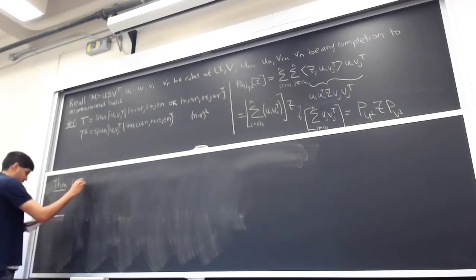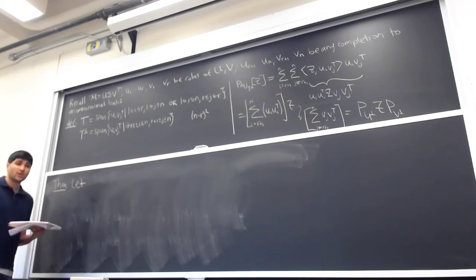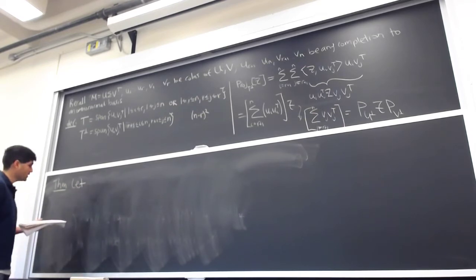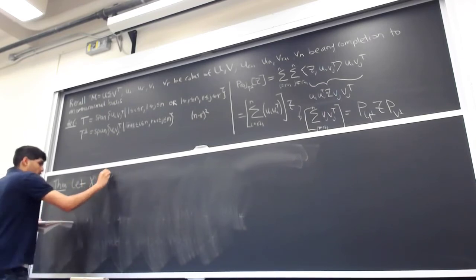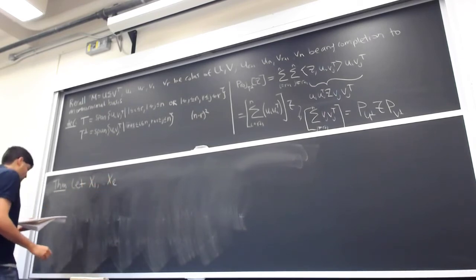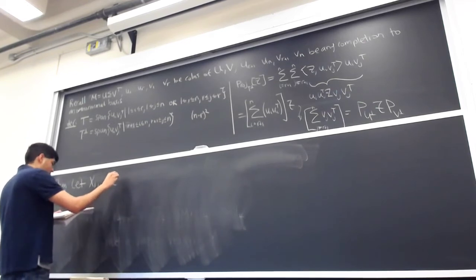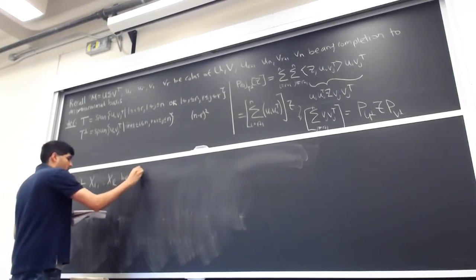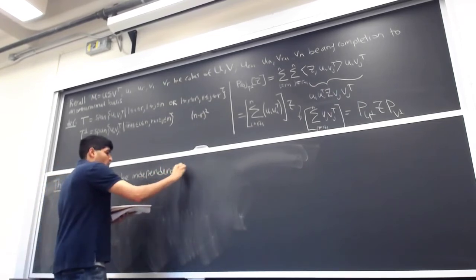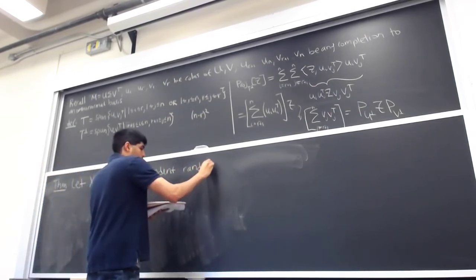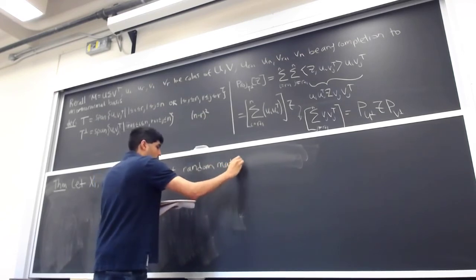So, let me state this theorem. This was proven by Ahlswede and Winter, the first version of this. A really beautiful result. It's not obvious the first time you see these things. So let x1 through xL be independent random matrices.